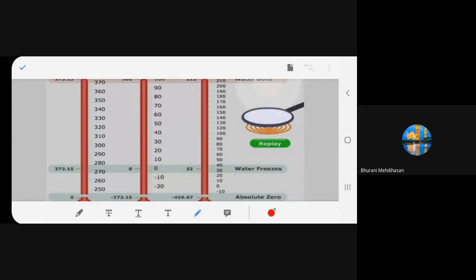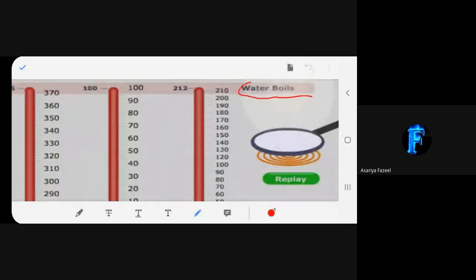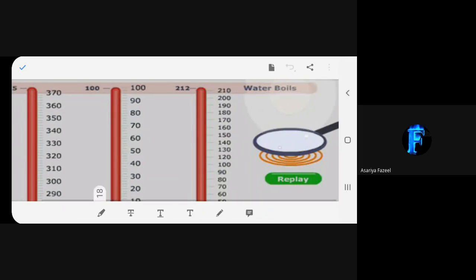So this is the freezing point and this is the boiling point. Okay? So in Celsius, it is 0 to 100. Right, beta? In Fahrenheit, it is 32 to 212. Is it clear?